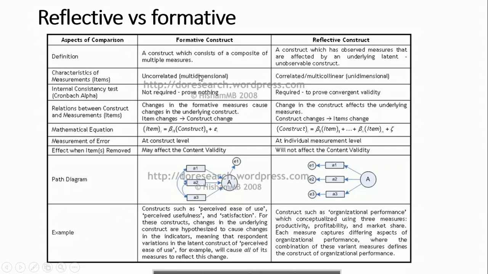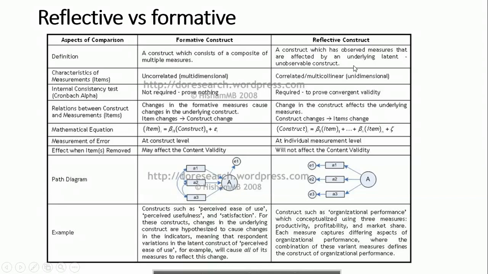Here is an example for reflective constructs such as perceived ease of use, perceived usefulness, satisfaction. For these constructs, changes in the underlying construct are hypothesized to cause changes in the indicators, meaning that respondent variation in the latent construct of perceived ease of use, for example, will cause all of its measures to reflect this change.